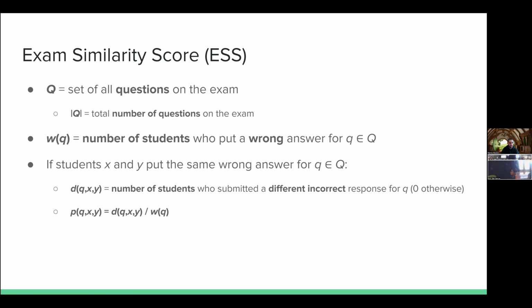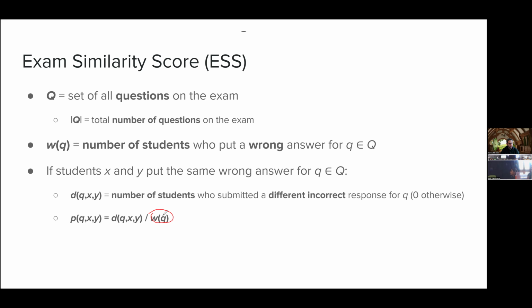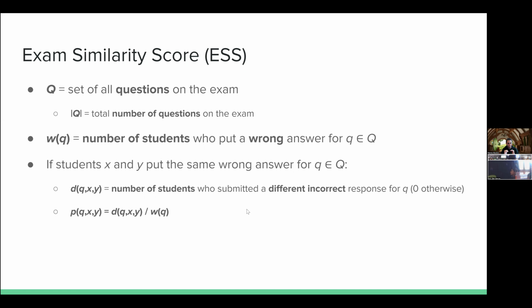I'm then going to define P of q, x, y, P for proportion, as D of q, x, y divided by W of q.